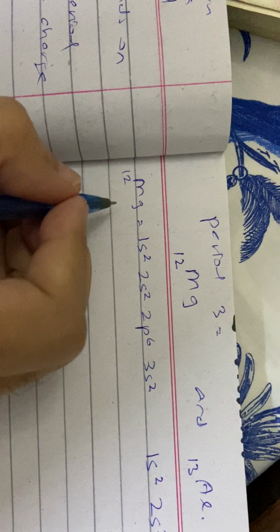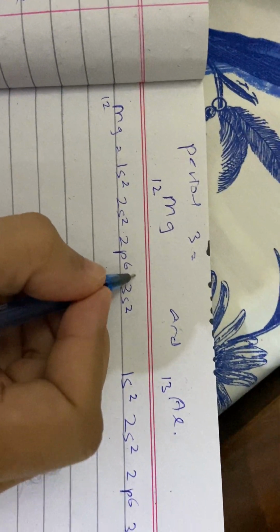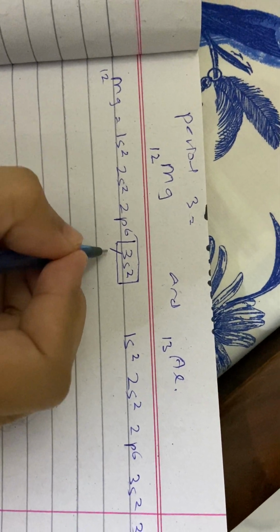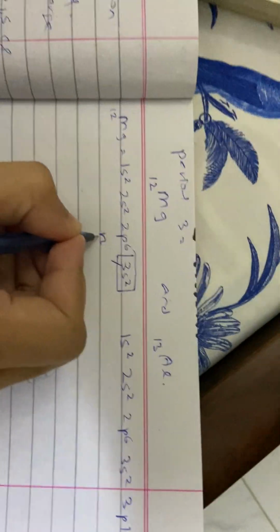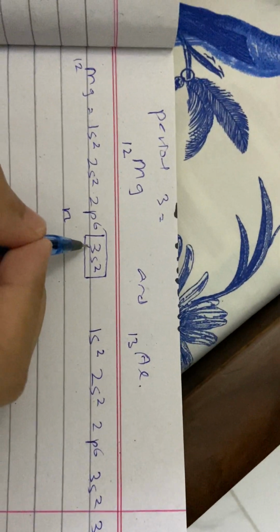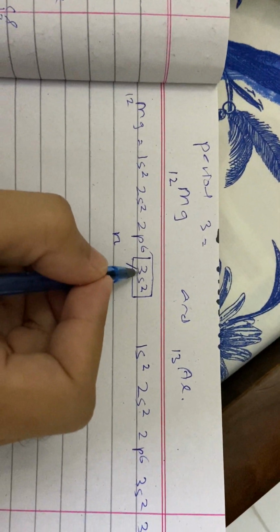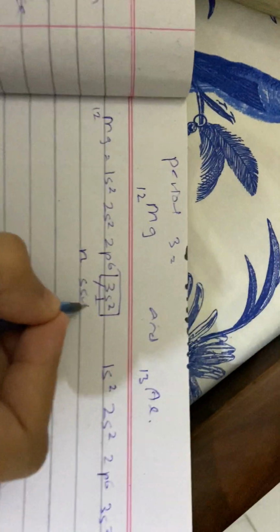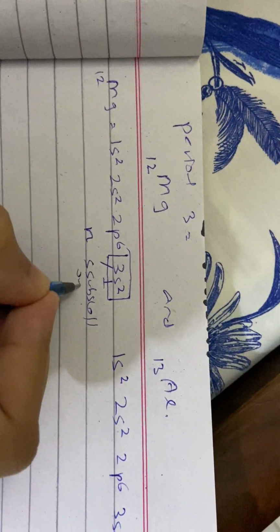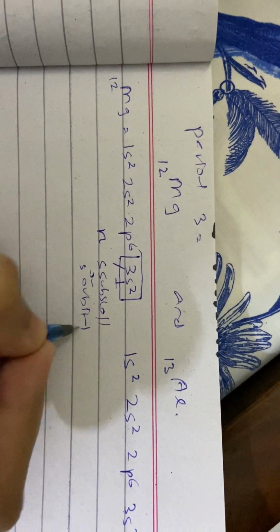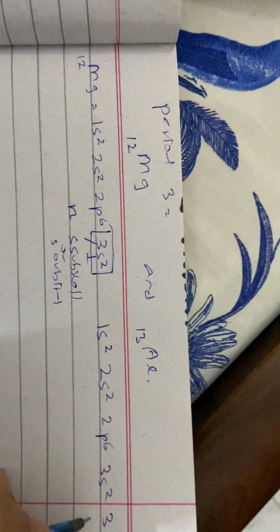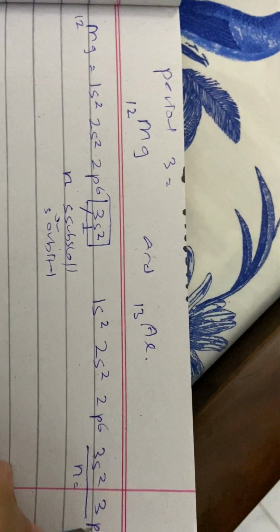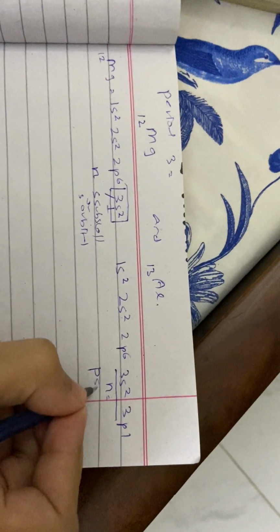In magnesium, the valence shell electron is present in the third shell. 3 denotes the value of the principal quantum number. In magnesium, the electron is being removed from the third principal quantum shell, from an s subshell or s orbital. Whereas in aluminium, the valence electron is also in the third shell, but it is being removed from a p subshell.